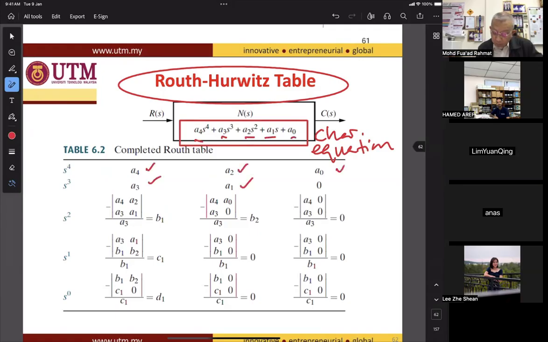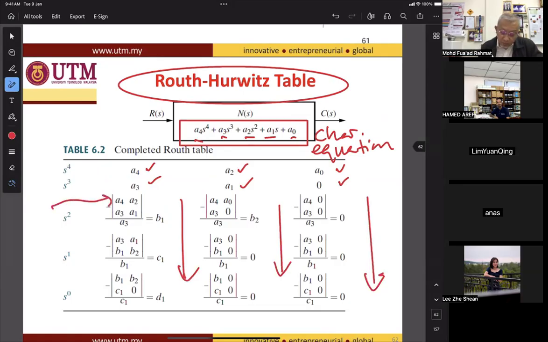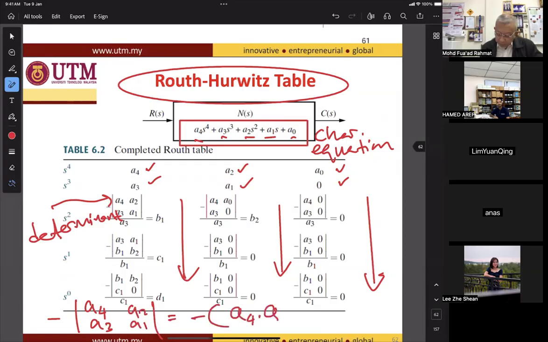And then continue to fill up using the determinant formula as I showed here. That symbol is a determinant, guys, it's not modulus. For example, A4, A3, A2, A1 will give you A4 cross multiply minus A2.